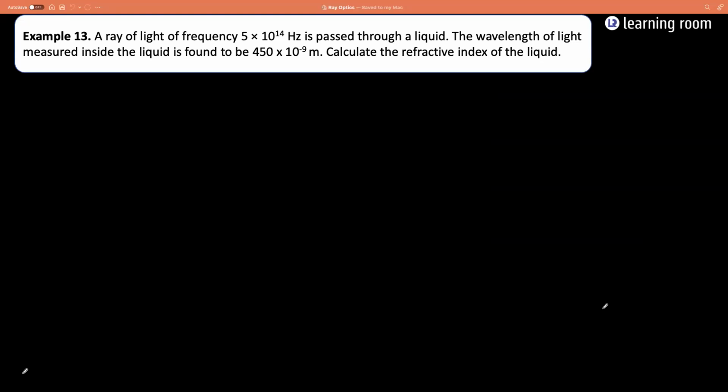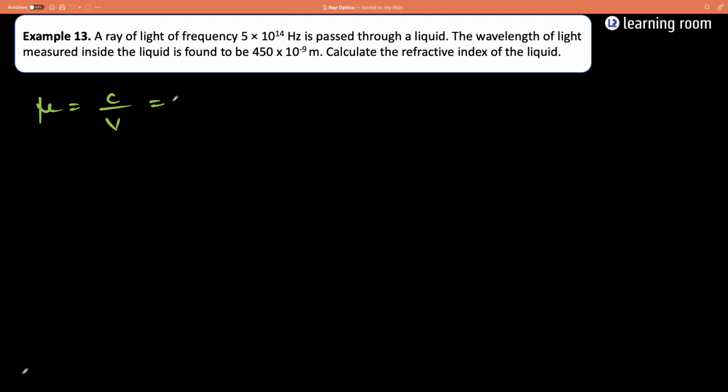There is a light of frequency 5 into 10 power 14 hertz, which passes through a liquid. The wavelength of light measured inside the liquid is found to be 450 into 10 power minus 9 meters. Calculate the refractive index of the liquid. So how do you calculate? Refractive index is equal to speed of light in vacuum divided by the speed of light in the given medium. Right.